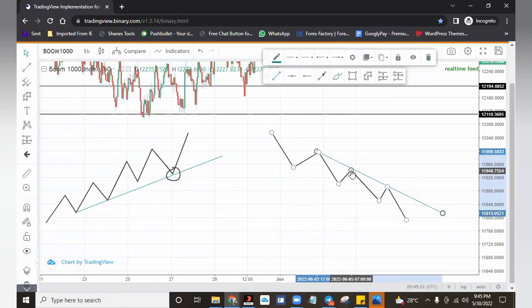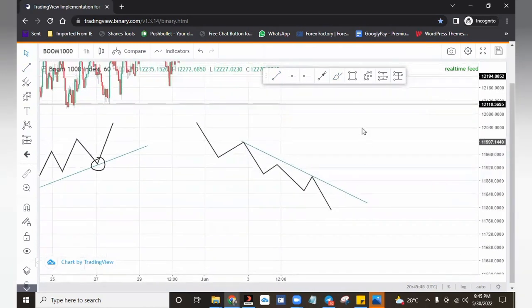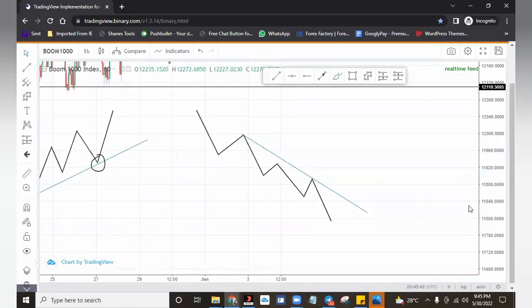Let's say, for instance, this one hadn't touched yet. This was the first touch, this was the second touch. You're waiting for your third touch. For your trend line to be valid, you must make sure it has 2 touches. From the third touch, you want to look for your entries.